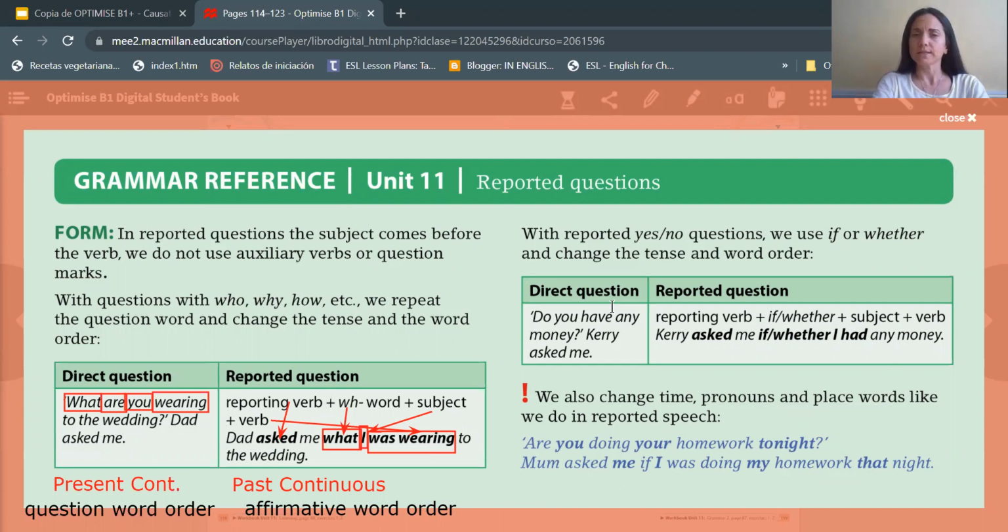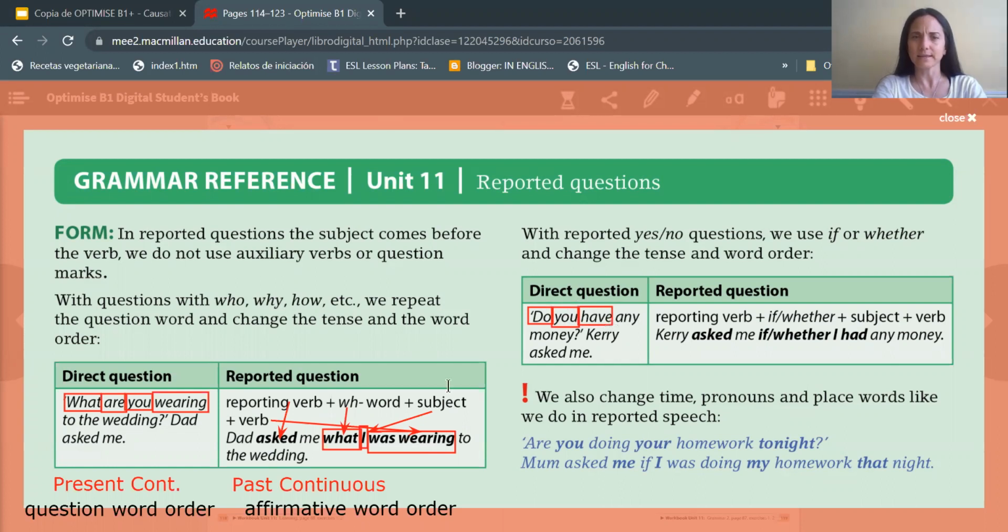So let's continue reading. Then it says, with reported yes, no questions, we use if or whether and change the tense and word order. Yes, this is always the same steps you have to do. So if in the direct question you have, "Do you have any money?" Check that you have the auxiliary verb do, the subject you, and the verb have.